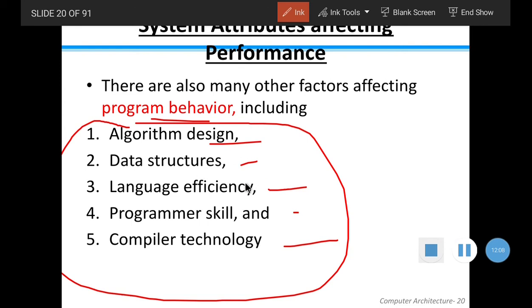I think you are all in 7th semester and you know all these things. You have learned algorithms, data structures, and languages also, and programmer skill and compiler technology.